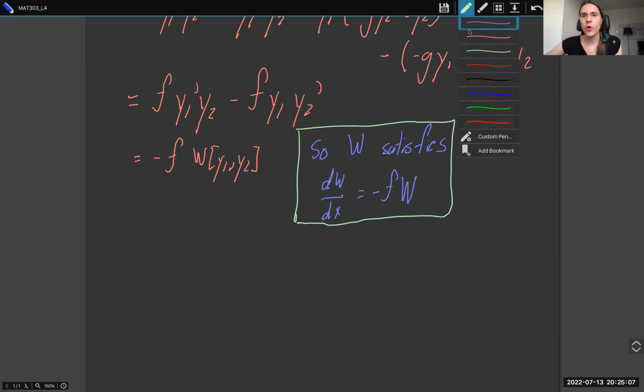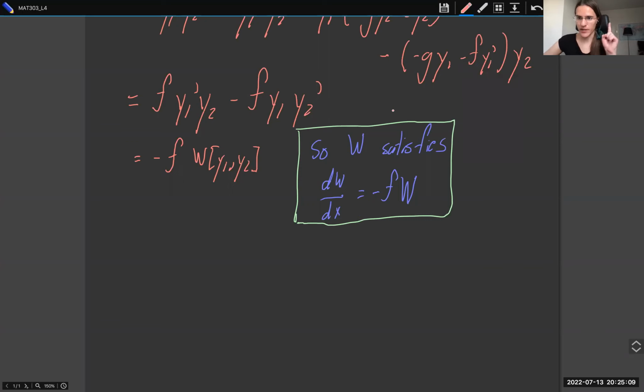And so we don't know what the two solutions of the equation are, but we do know what the Wronskian is. So if I do this, I get dW over W, and this is the equation that you should memorize. dW over W is negative f dx.